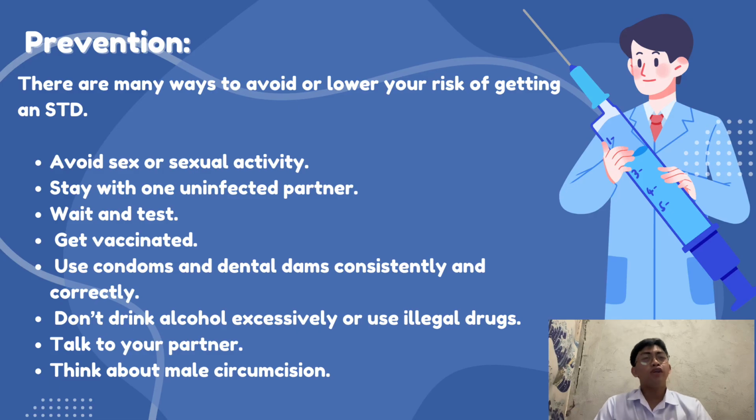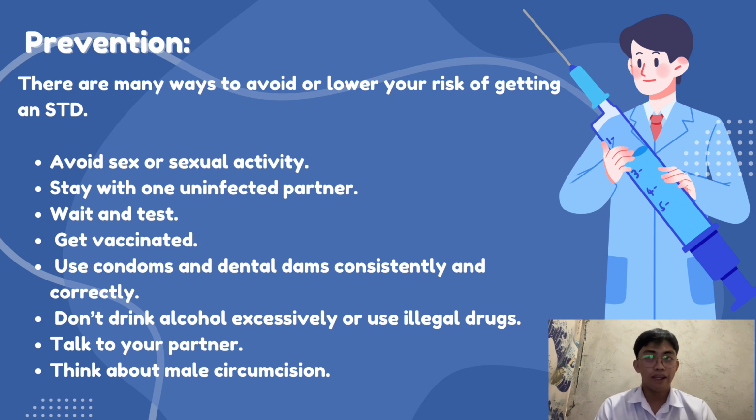Let's move on to prevention. There are many ways to avoid or lower your risk of getting an STD. The first one is to avoid sex or sexual activity. Stay with one uninfected partner. Wait and test.